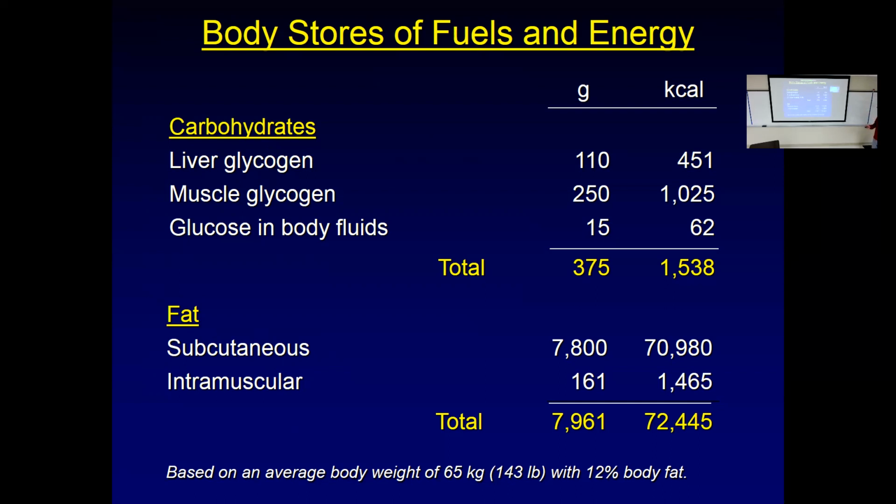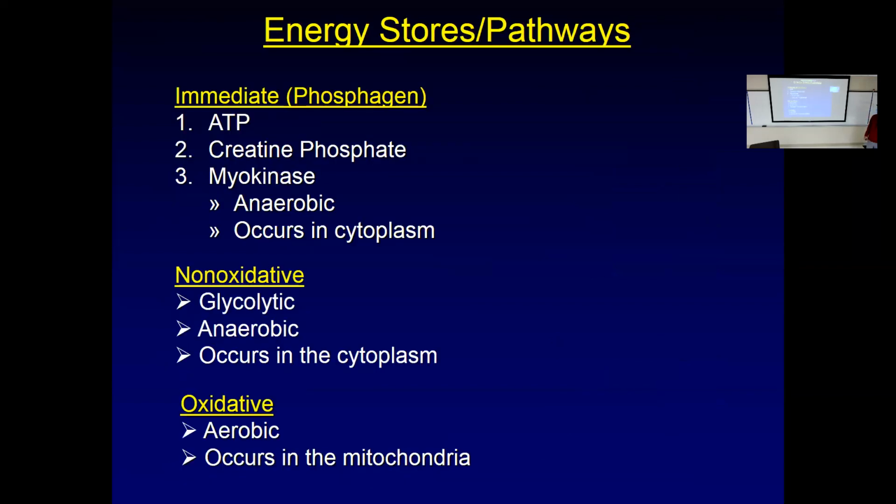So you can imagine a person that is a little larger, an average American, who has significantly more body fat, then this ratio is going to get off. What I want to illustrate is that we very often have these huge stores of lipid that we could make available during exercise. And we do a little bit, but we don't do a huge amount.